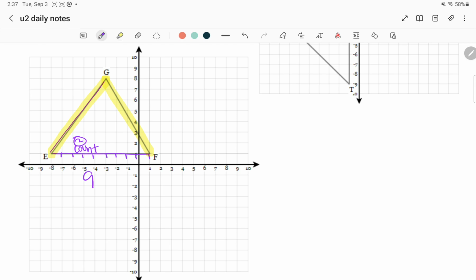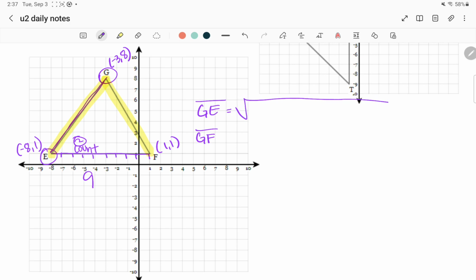So I need to find the coordinate points. So E is at -8, 1. G is at -3, 8. F is at 1, 1. I need to find the distance from G to E, and I need to find the distance from G to F. So from G to E, I'm going to use points G and E. It's going to look something like this.